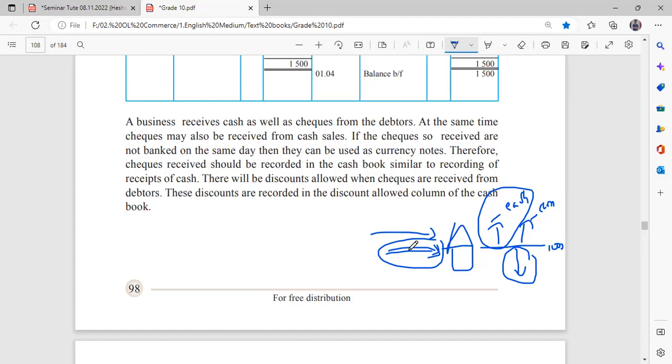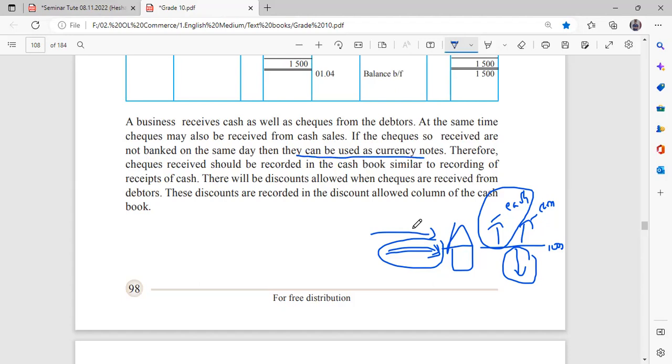Right? A business receives cash as well as checks from the debtors. At the same time, checks may also be received from cash sales. If the checks so received are not banked on the same day, then they can be used as currency notes even.